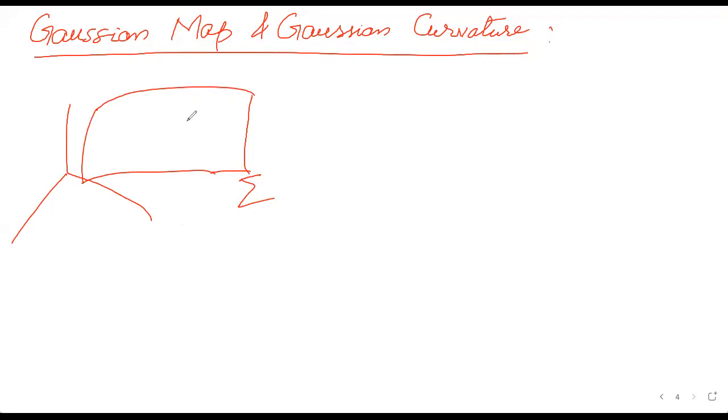Here it is your O, it is your R3. Here I have some point P whose normal is given by this N, and this point P is in some small area which I am denoting by omega.